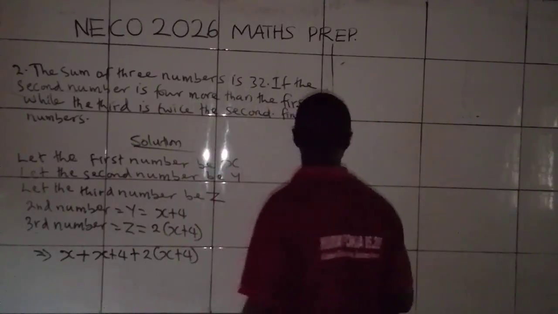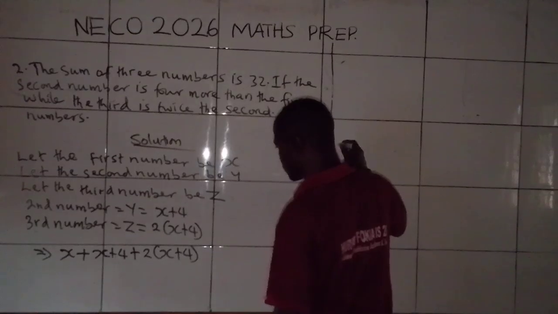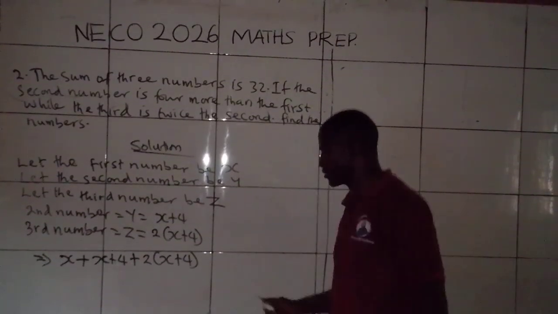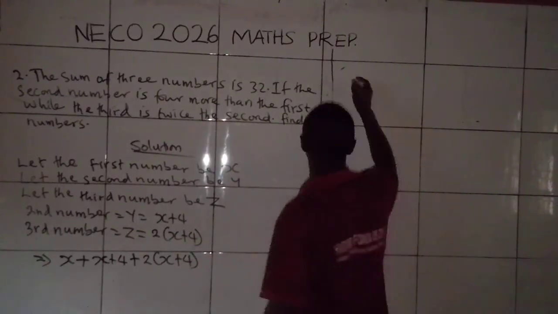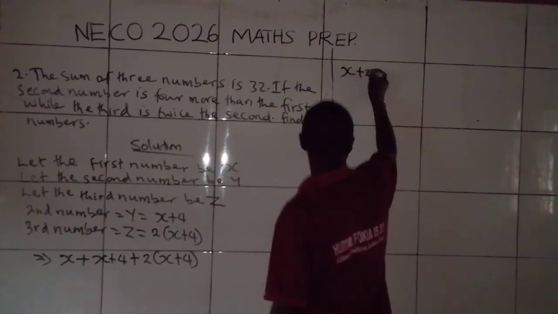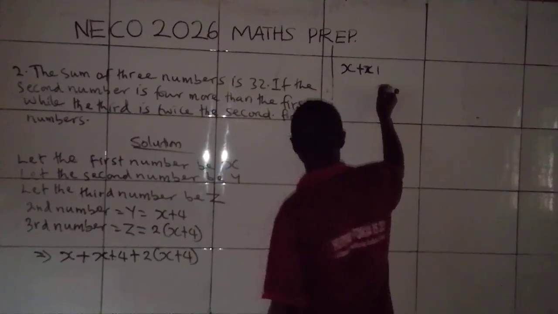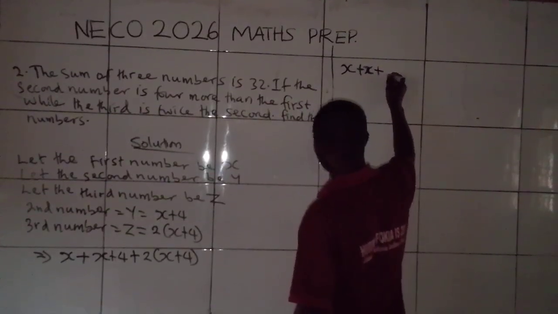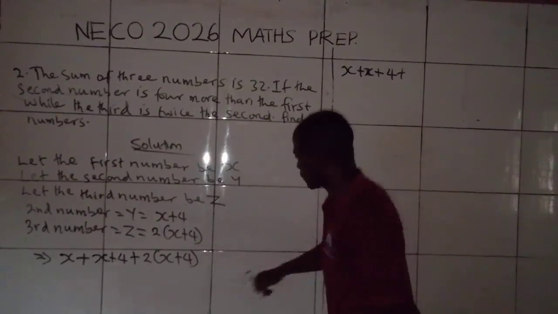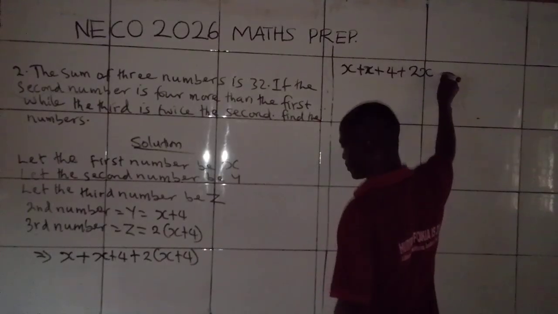So from this, we can now have x, we collect like terms. And before we collect like terms, we open this bracket. So we now have x plus x plus x, then plus 4 plus, by the time we open the bracket, we have 2 times x, which is 2x.